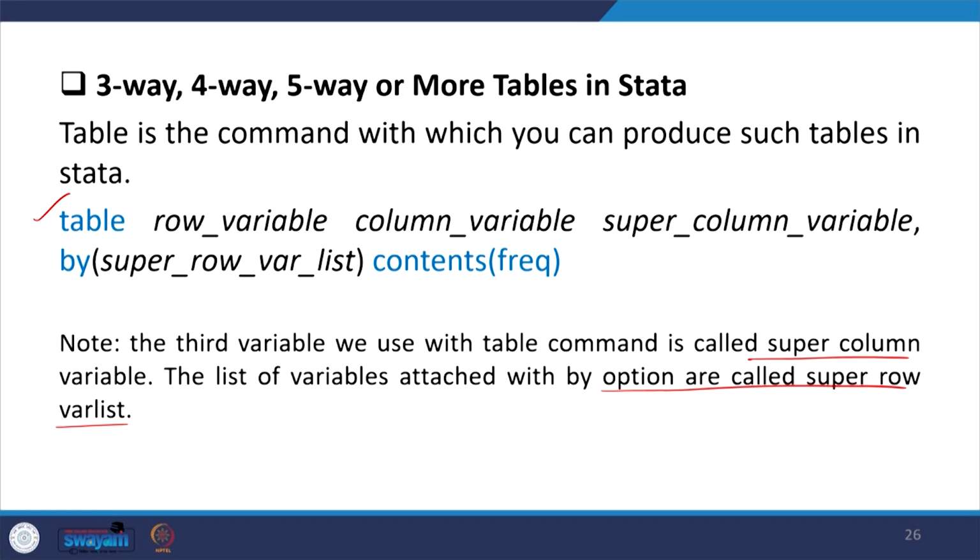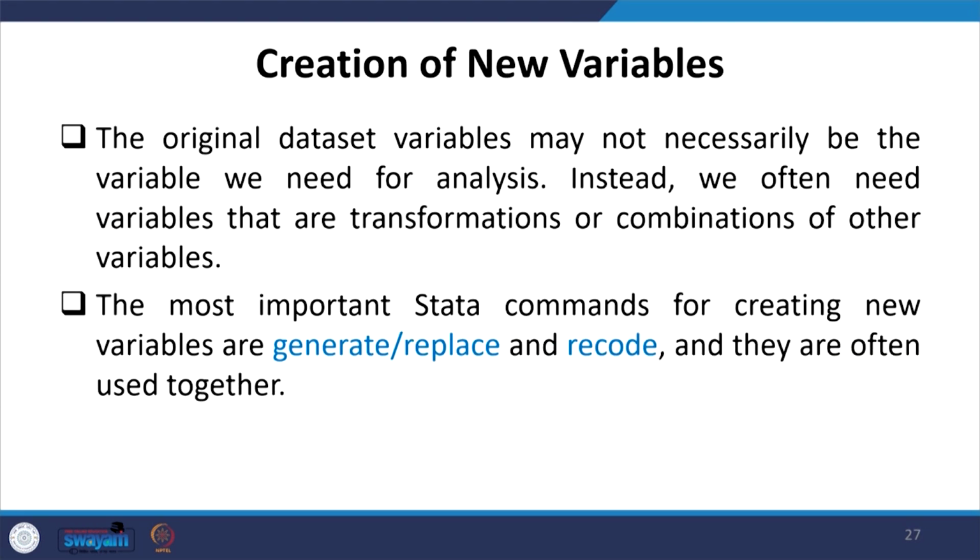Creation of new variables. How we can create new variables in Stata. The original data set variables may not necessarily be the variables we need for analysis. Instead, we often need variables that are transformations or combinations of other variables.